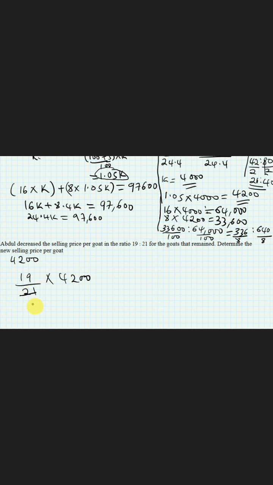We cancel out by 21, and this gives us 19 multiplied by 200, which is equal to 3,800. So this is now the new selling price per goat for Abdul.